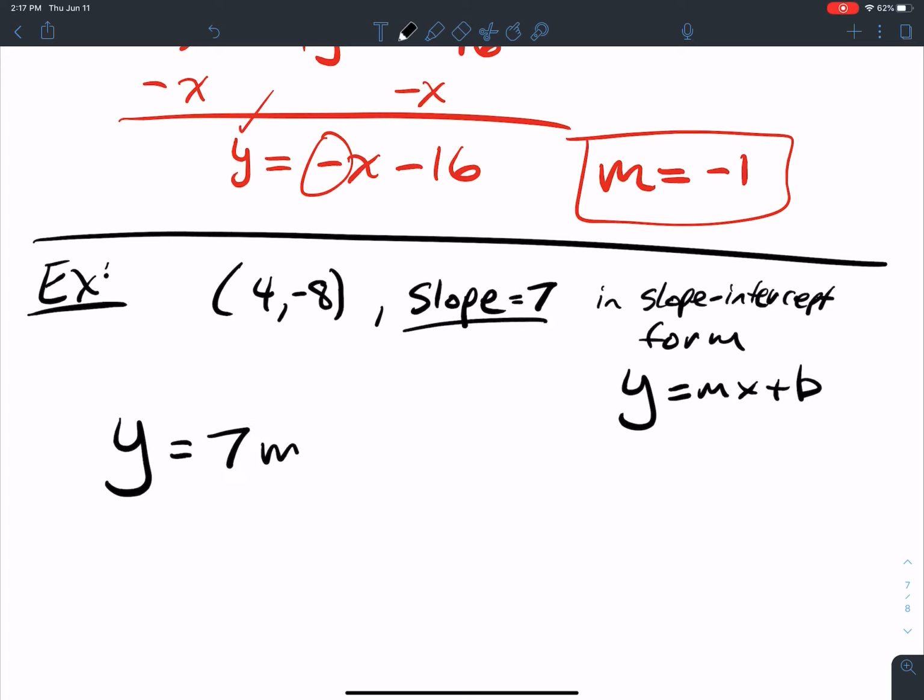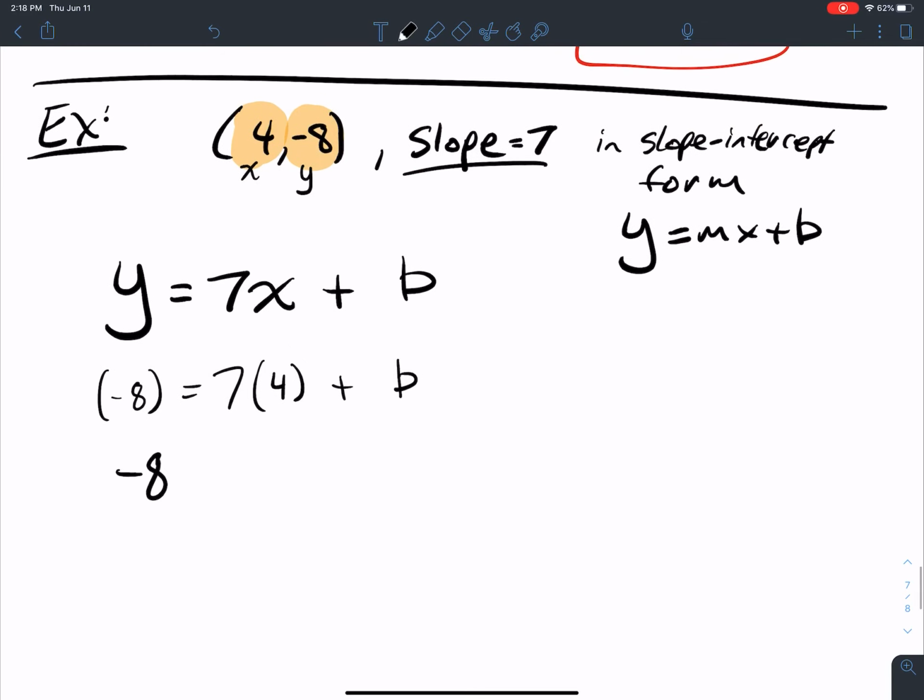So I have 7x plus b. To get the b, I literally take this point, which is on the line. This point is an x comma y point. So everywhere I see a y, I'm going to put negative 8, and everywhere I see an x, I'm going to put 4.